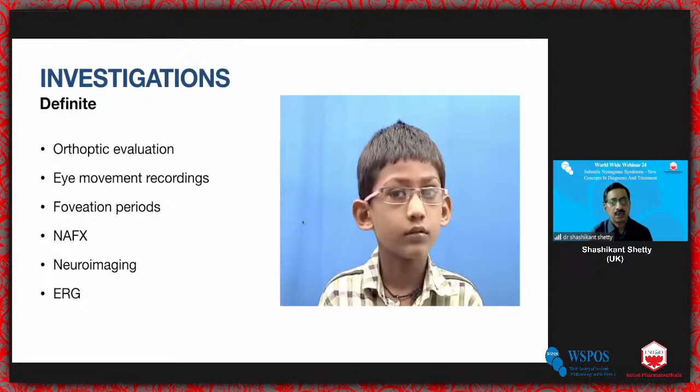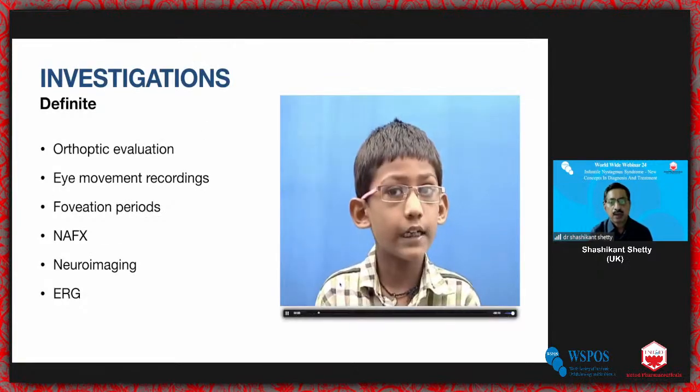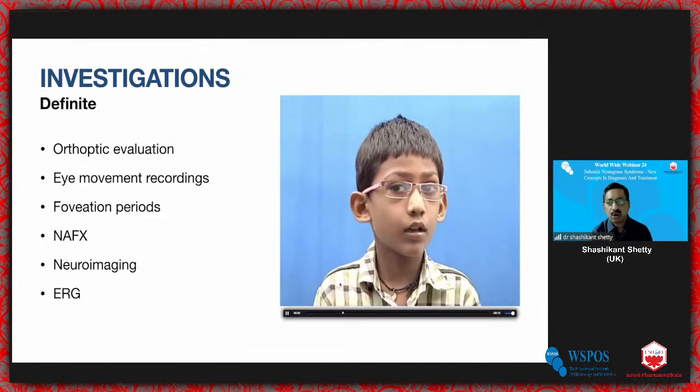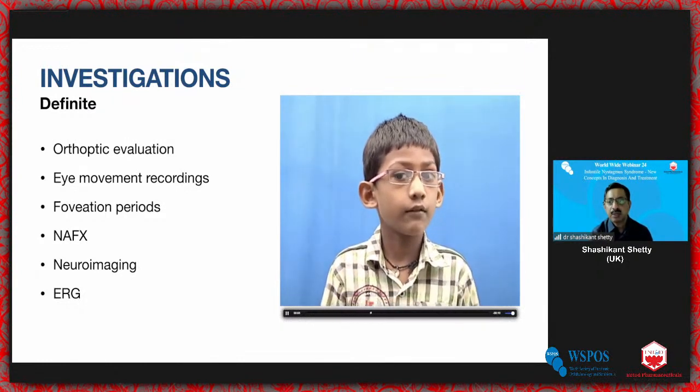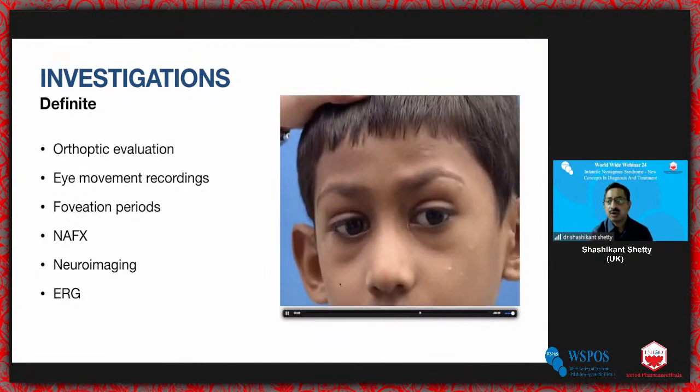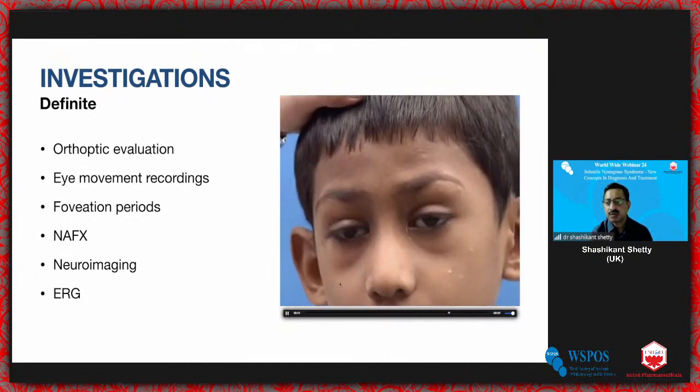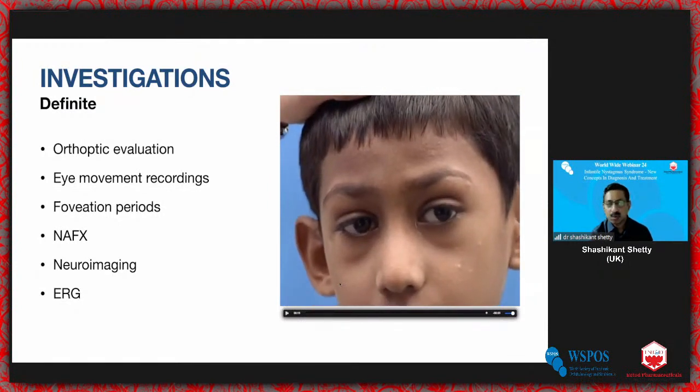When we do the evaluation, we have to do a proper orthoptic evaluation. We have to look at whether the patient has associated strabismus. With eye movement recordings, we have to differentiate between INS and other types of nystagmus, like FMNS and nystagmus blockade syndrome, and we have to look at their foveation period. The nystagmus expanded nystagmus acuity function test is very important.